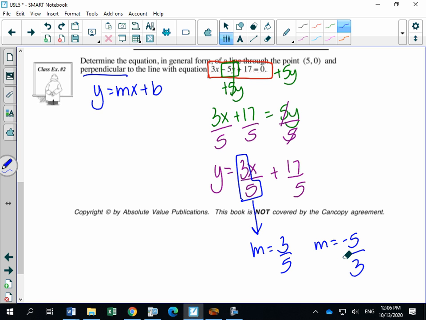But yeah, if you're given a slope and you're given a point, x1, y1, let's go into slope point form and see what we get. So y minus y1 is equal to the slope times x minus x1.